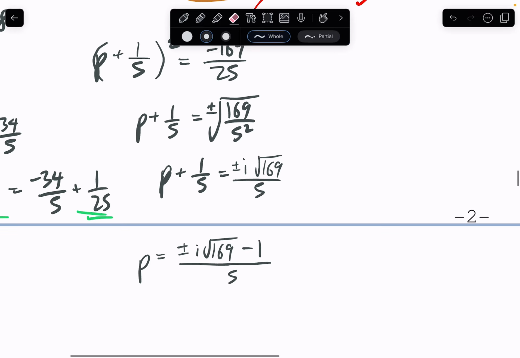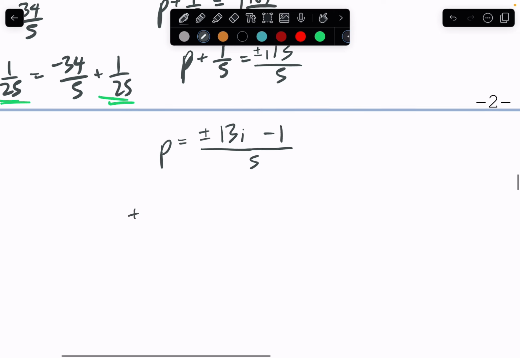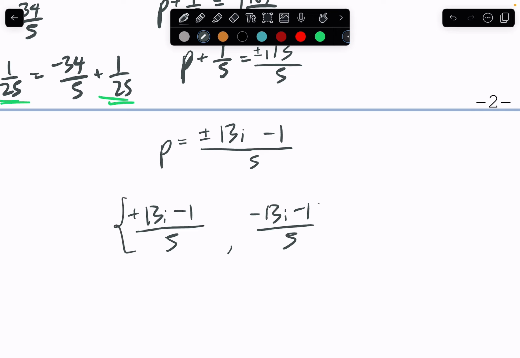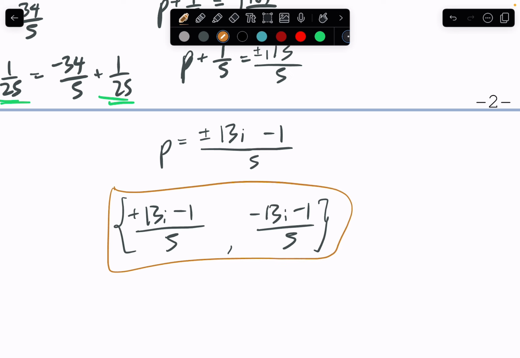Technically, this is still 13. I13 can be written as 13i. So we have positive 13i minus 1 over 5 and negative 13i minus 1 over 5. Let's see if I'm correct. Yep.